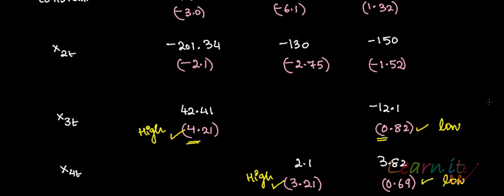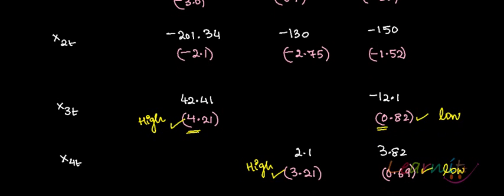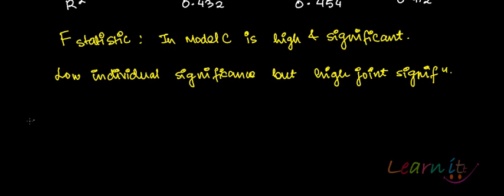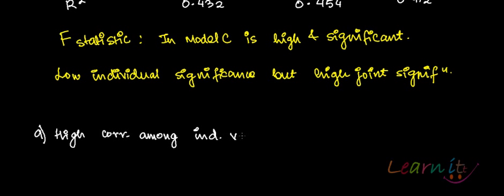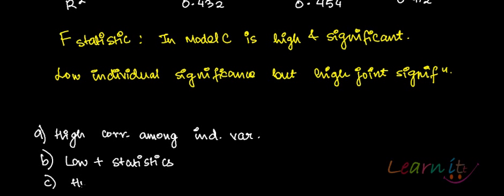the problem of multicollinearity. So how do you detect multicollinearity in the model? Let me point it out for you. One, there is high correlation among independent variables. Two, low t statistics. Three, a high and significant F statistic.